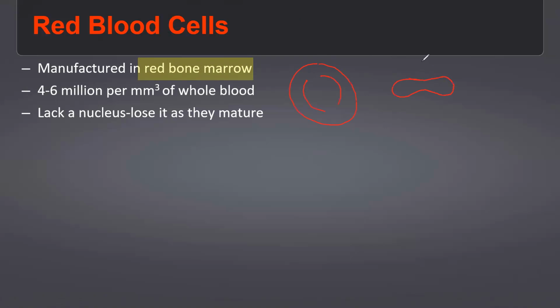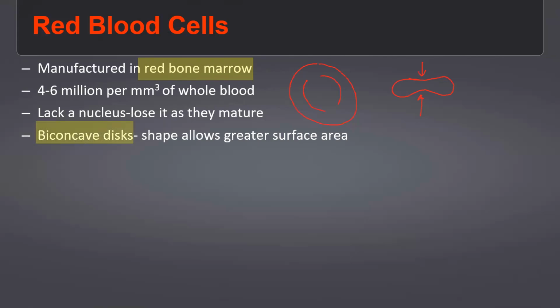So there's actually a depression on both the top and bottom, a curve almost. And that's because it's called a biconcave disc. It's got two curved sides. That allows for greater surface area to carry oxygen. It's like a donut without the hole. It's like a flat center of a donut.